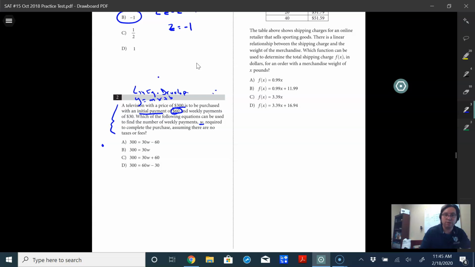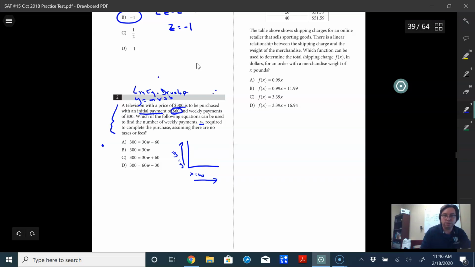So we want to see how many weeks it may take for this to happen. So if we were to draw a graph, we can see X, which is weeks, and then Y, which is cost in dollars, and we should be going upwards to some degree because we want to see as X gets bigger, the number of weeks, the more we pay for it. And so this gets bigger.